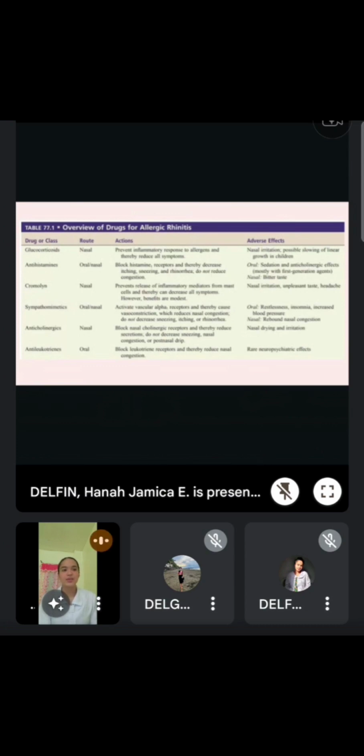Adverse effect, rebound congestion. Congestion develops when topical agents are used more than a few days. With prolonged use, as the effects of each application wear off, congestion becomes progressively worse. To overcome this rebound congestion, the patient must use progressively larger and more frequent doses. Once established, rebound congestion can lead to a cycle of escalating congestion and increased drug use.